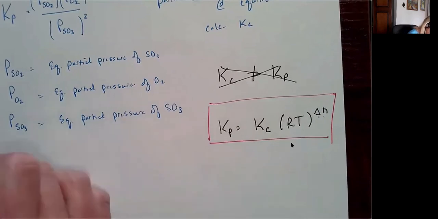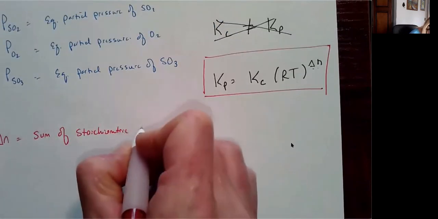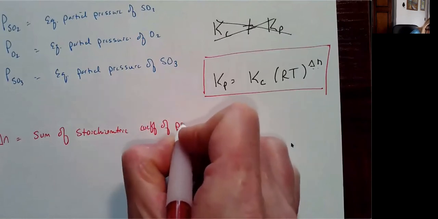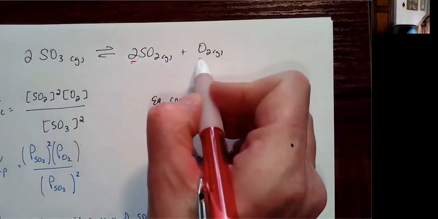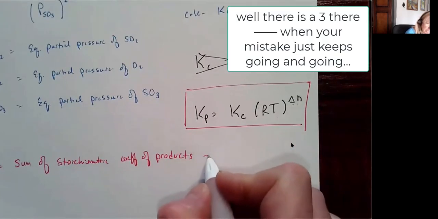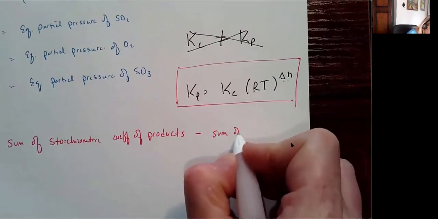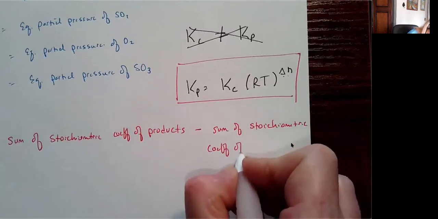And so delta N is going to be equal to the sum of stoichiometric coefficients of products. So basically, I'm taking the sum of my coefficients of my products. So this would be 2 plus 1, right? Because there's an understood 1 here. And I'm subtracting the sum of the stoichiometric, it's a really long word, coefficients of my reactants.